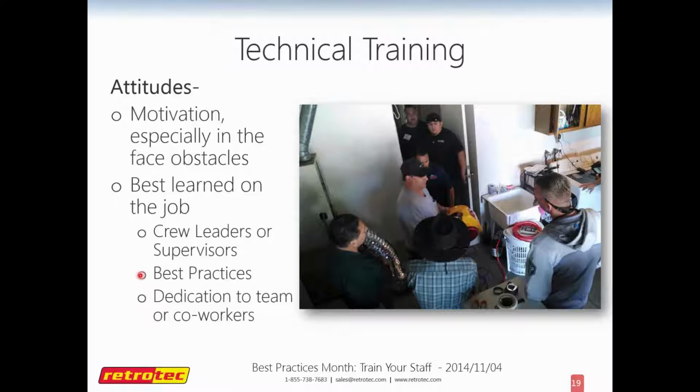So that's important. And then dedication to team or coworkers. And a lot of this goes back to our idea of having an equitable standard operating procedure, to having a business plan that is based on making sure that we are impartial, professional, and that people are treated the same, and that people know that if they do something right, they will be benefited.